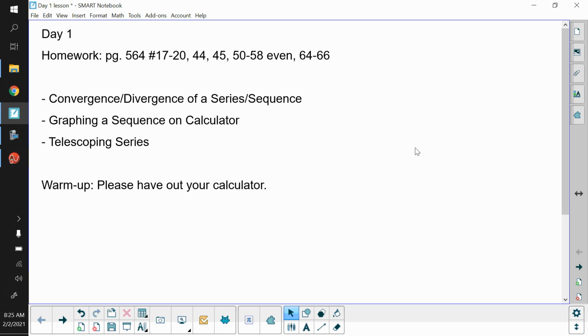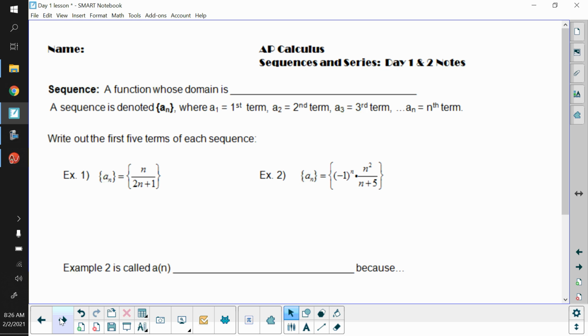And part of the reason for that is we go pretty quickly, and you started calculus last year with Mr. Delands, so that we have a 25-day chunk of time to be able to do series and sequences. So we stretch it out probably a little longer than other schools to just give you a little bit more time to be able to digest things each day. So we're going to be in our notes packet on the day one stuff.